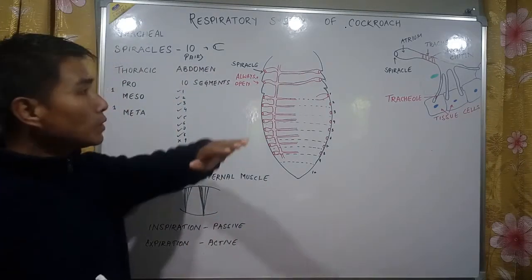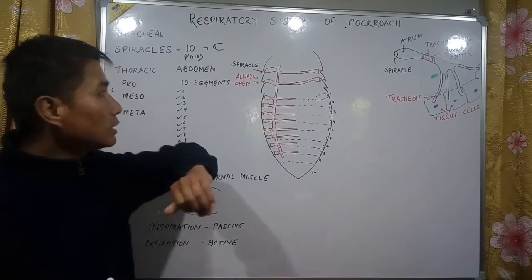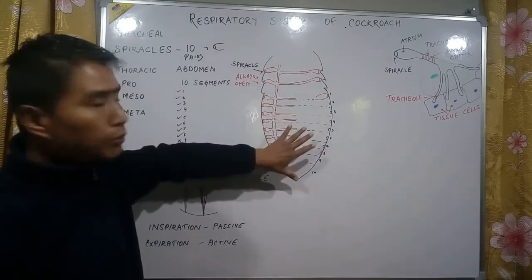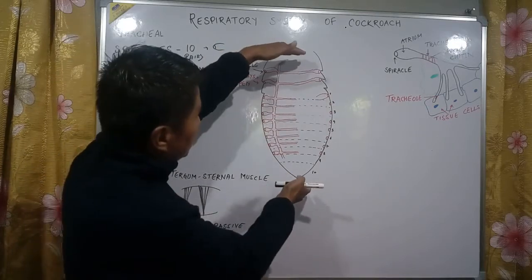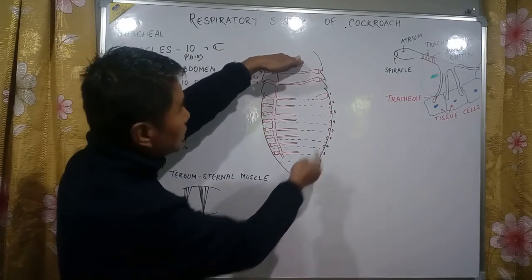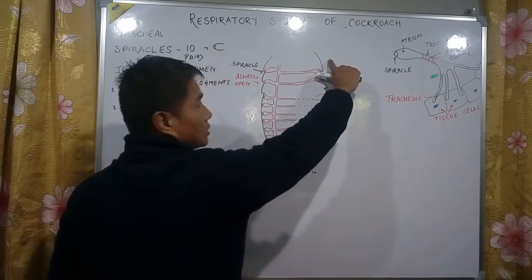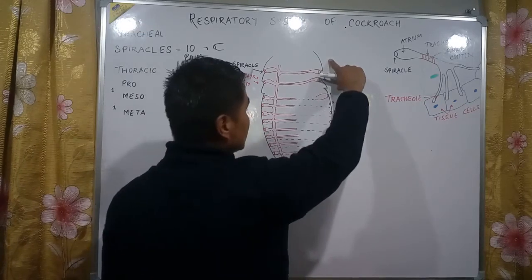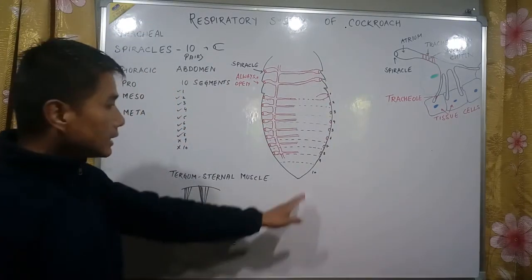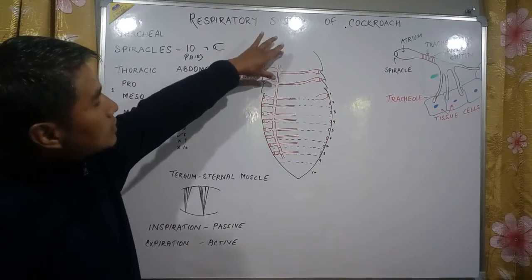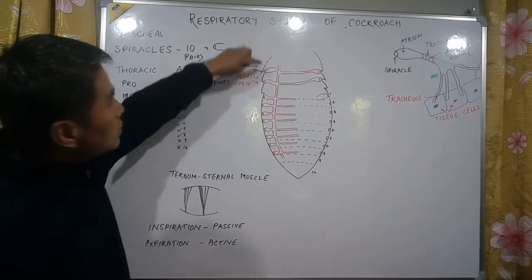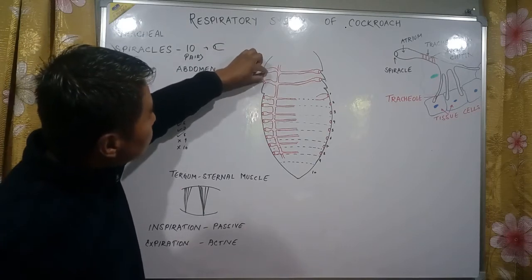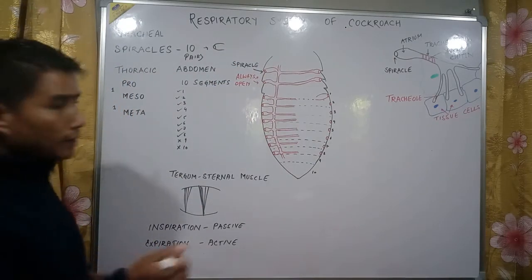The body of the cockroach is divided into head, thorax and abdomen. If you see, there are 13 segments. 3 segments are known as the thoracic segments, and the abdomen contains 10 segments. Now the thorax is also divided into prothorax, mesothorax and metathorax, as you know very well.